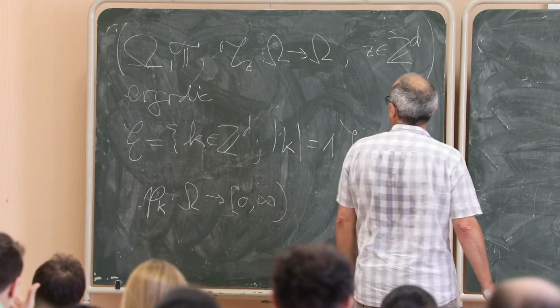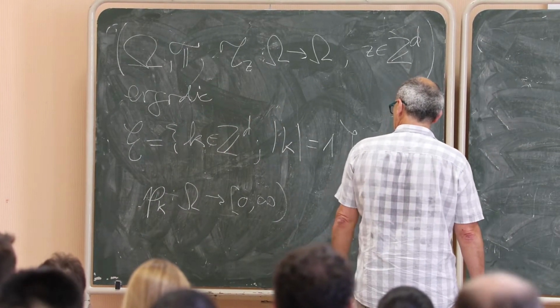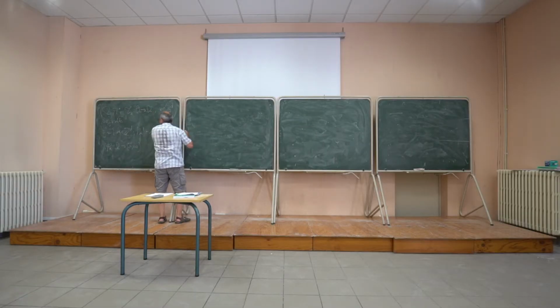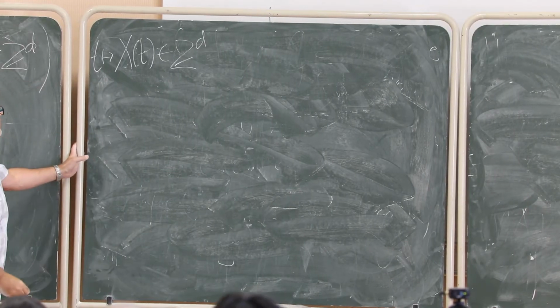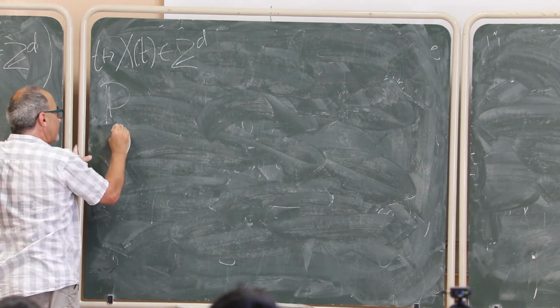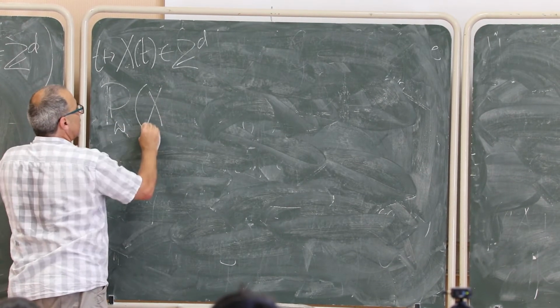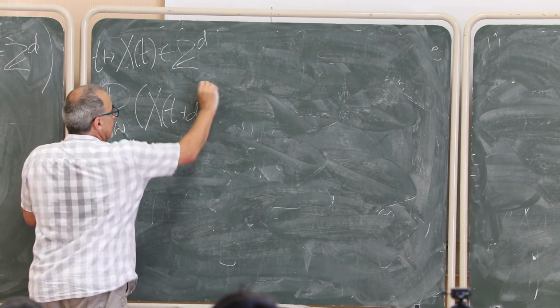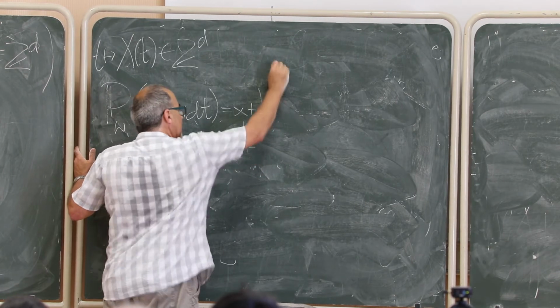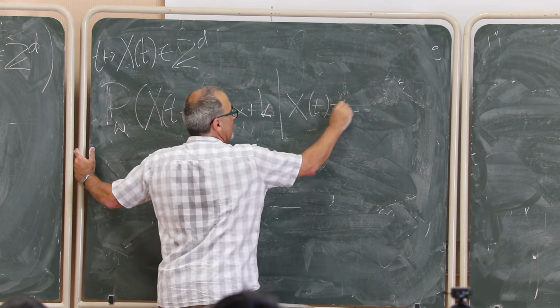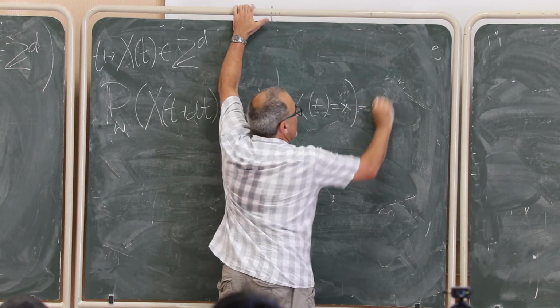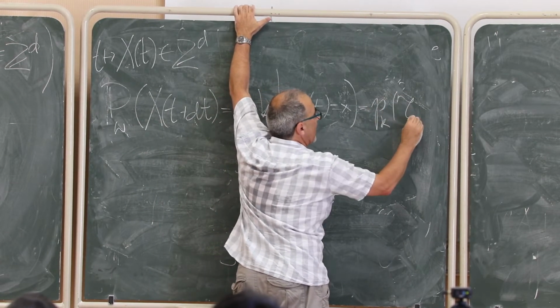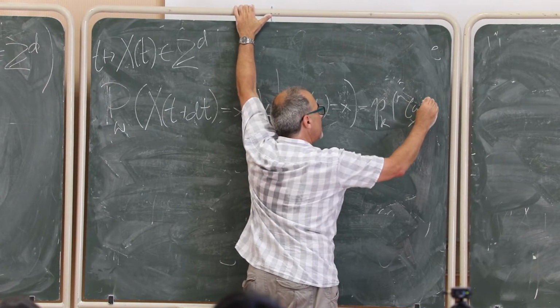The random walk is X_t, t maps to X_t in Z^d, such that the transition probability, given omega, the probability that X_{t+dt} is x plus k conditionally on X_t being at x, is p sub k of tau x omega dt.